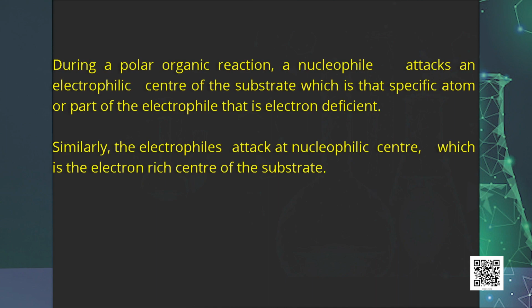During a polar organic reaction, a nucleophile attacks an electrophilic center of the substrate. For example, in case of the carbonyl functional group, a nucleophile attacks at the carbonyl carbon, which is an electrophilic center.